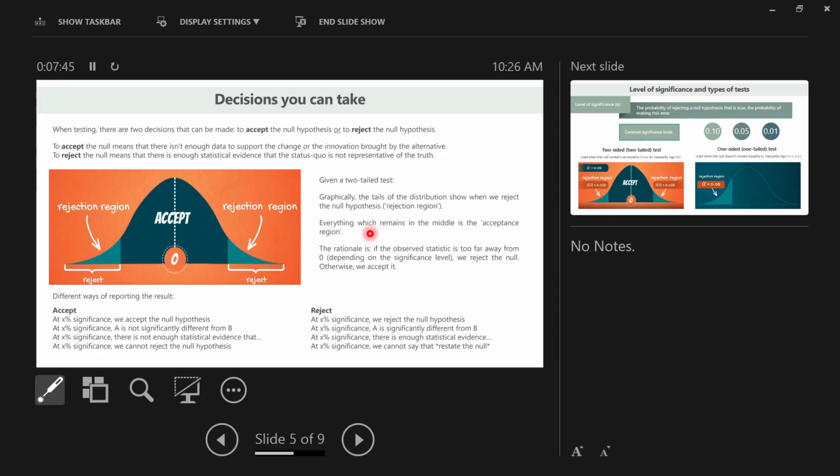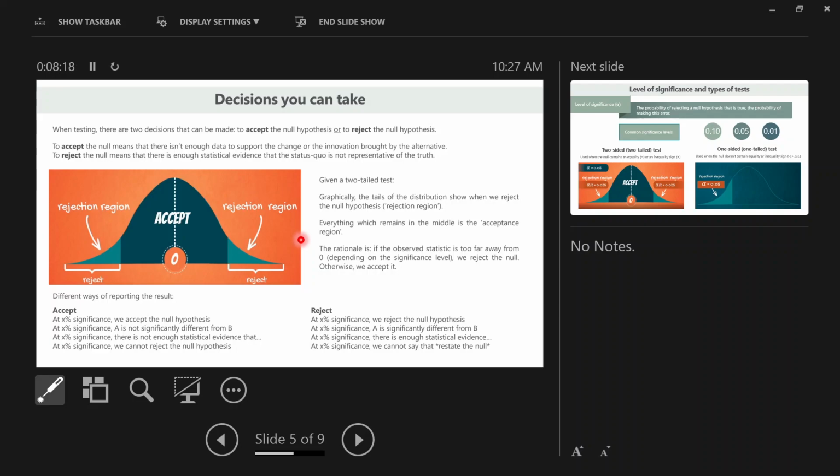So given a two-tailed test, in most cases when you have equal to, not equal to, it is two-tailed. But if you have anything like greater than or less than, those are one-tailed tests. That is what distinguishes the two. Graphically, the tails of the distribution show the rejection region, where we reject the null hypothesis.